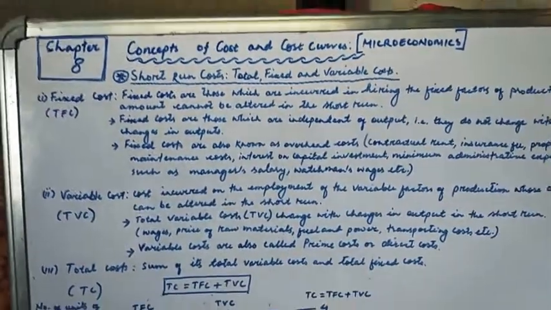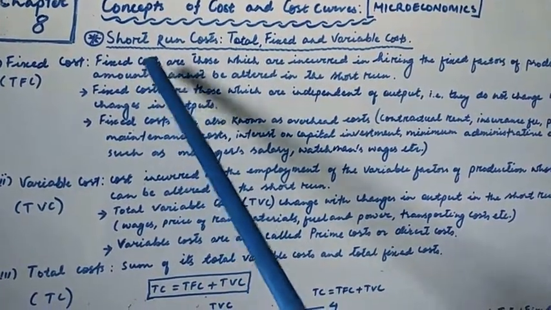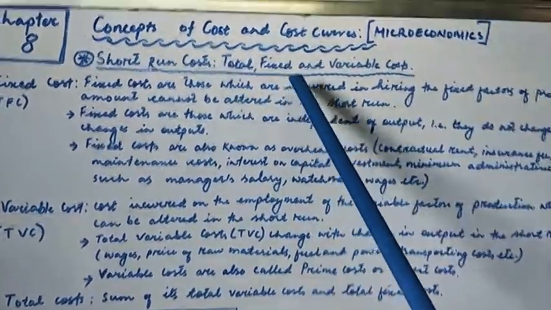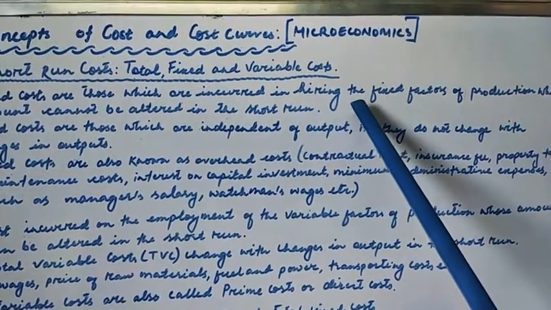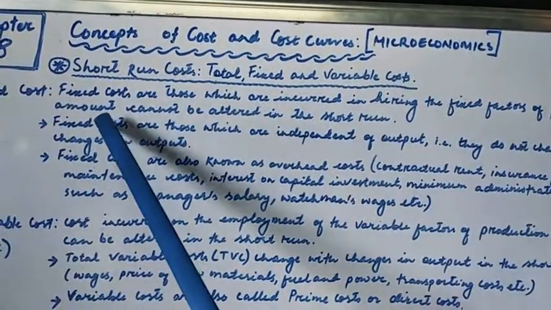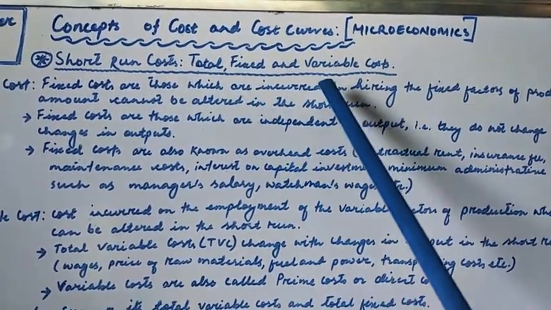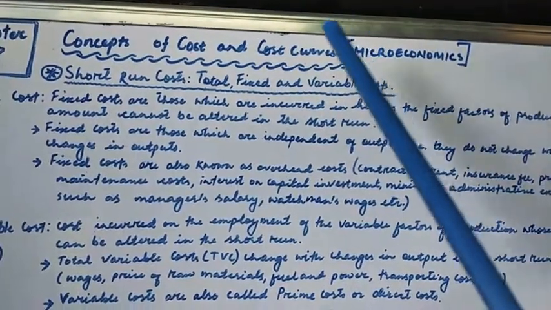So what is given according to the definition of fixed cost? Fixed costs are those which are incurred in hiring the fixed factors of production whose amount cannot be altered or changed in the short run. So what is fixed cost?